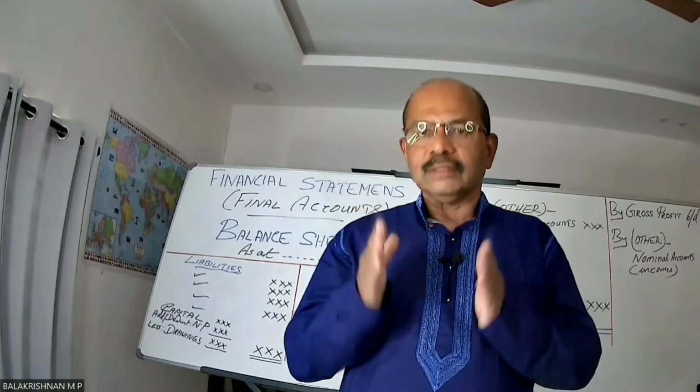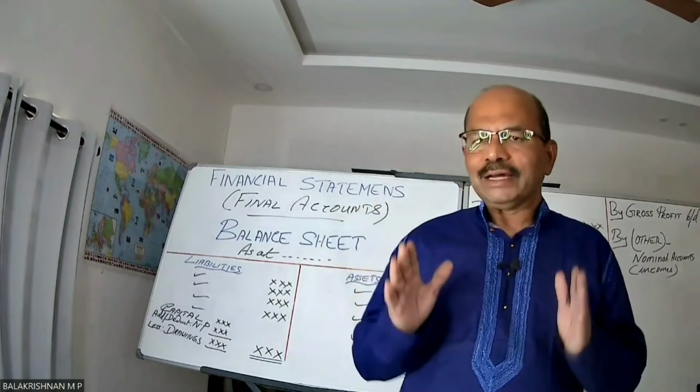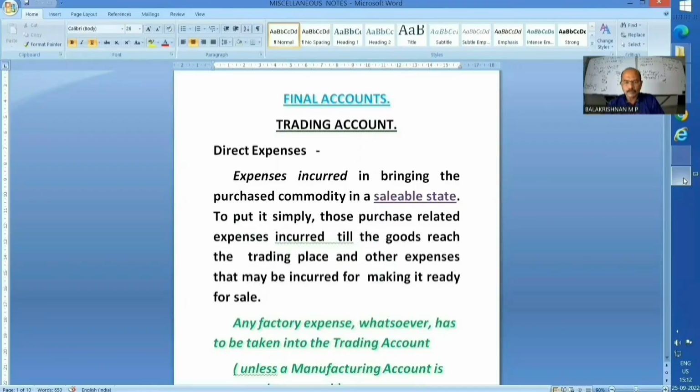Well, let me move to the sharing mode now. Students, as already mentioned, I need to give you some more detailed explanation about the final accounts. I'm doing it through this sharing mode. First, the trading account. The direct expenses I just casually mentioned.